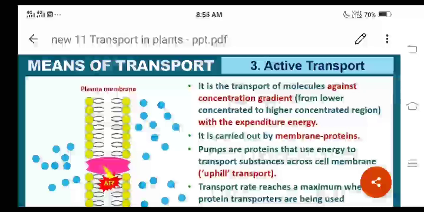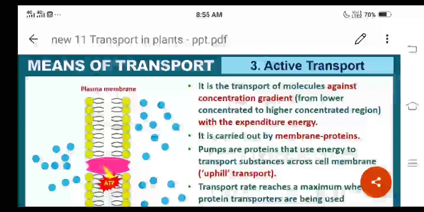And what is the definition here? It is the transport of molecules against concentration gradient with the expenditure of energy. This is called as active transport. This process will be carried out by the membrane proteins. Again, membrane proteins will be there in the membrane.